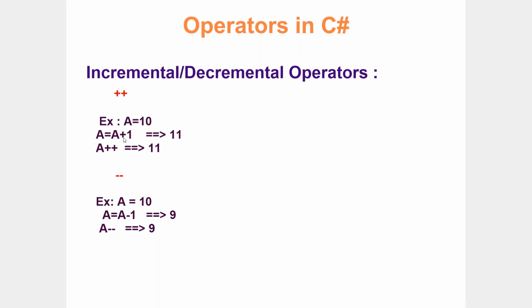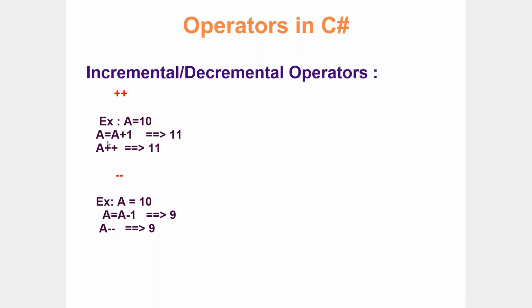If you want to add 1 to that existing value, you write a is equal to a plus 1. The value of a is 10, now we are adding 1 on top of that, so finally the result is going to be 11. What C# is saying is, rather than writing this complete statement, make use of the short form, a plus plus.